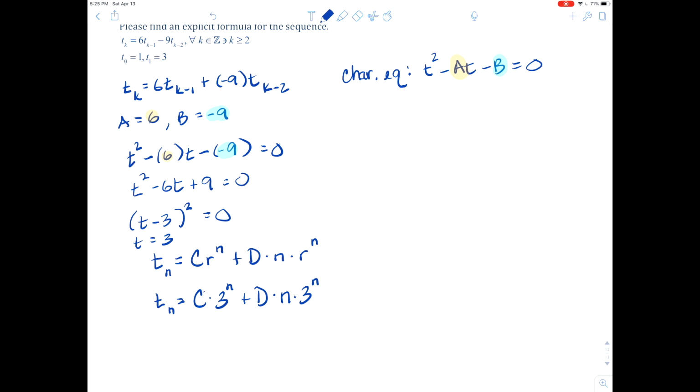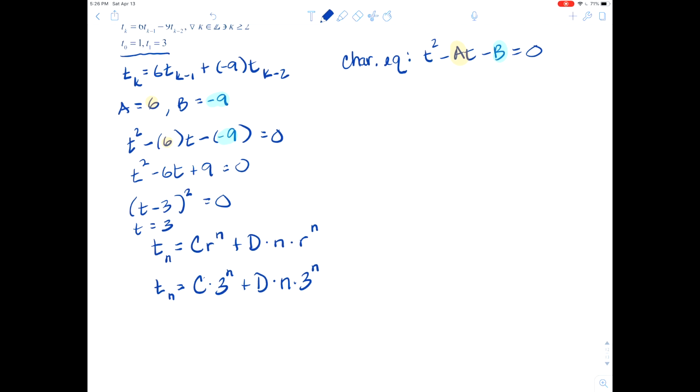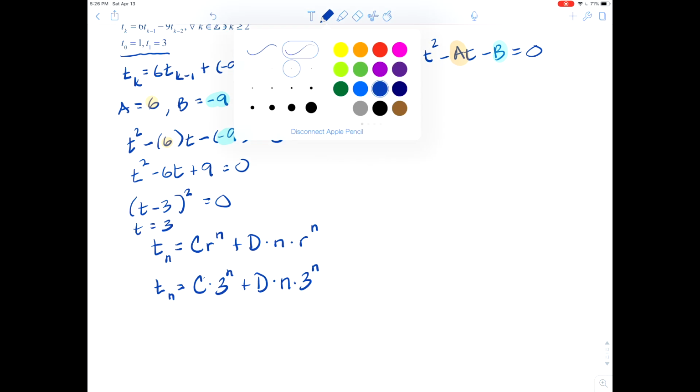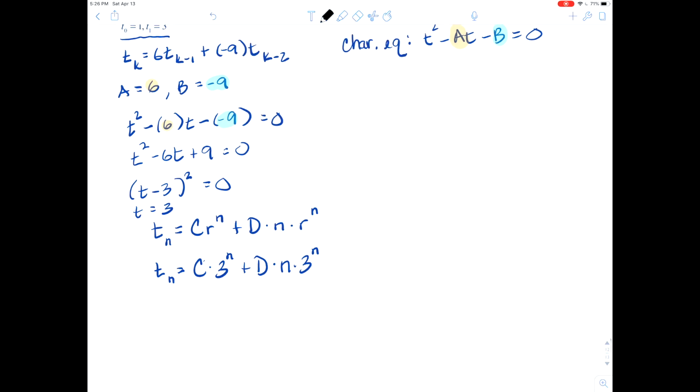Cool so far? Now we know t0 and t1, do we not? So what do we get? We get a system of equations. Isn't that groovy? So let's check it out.